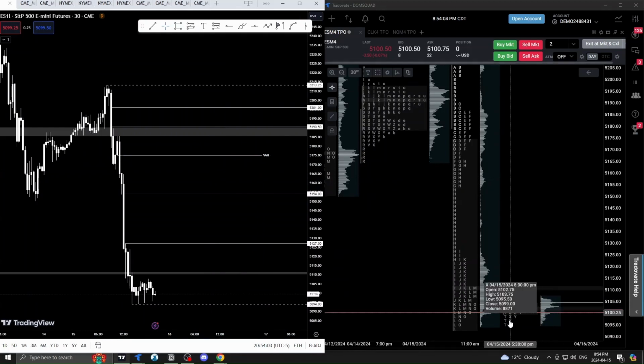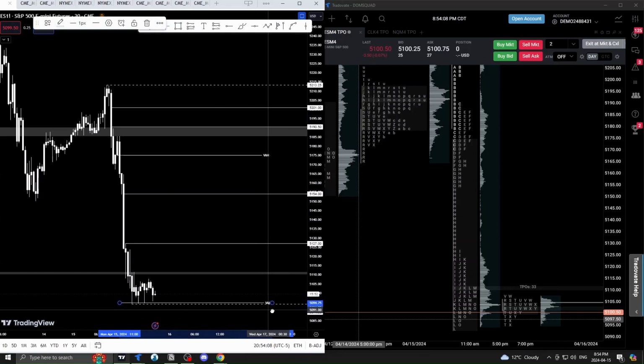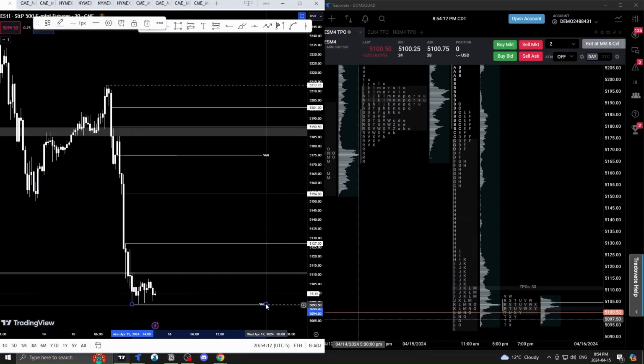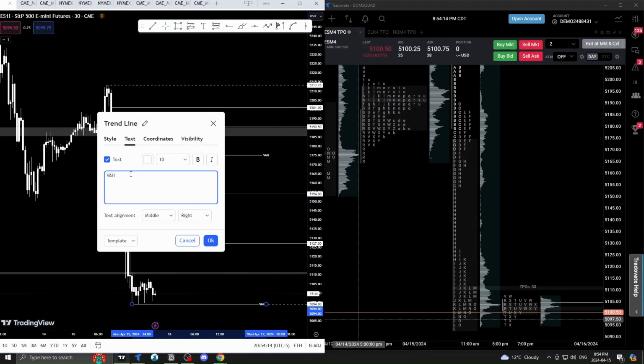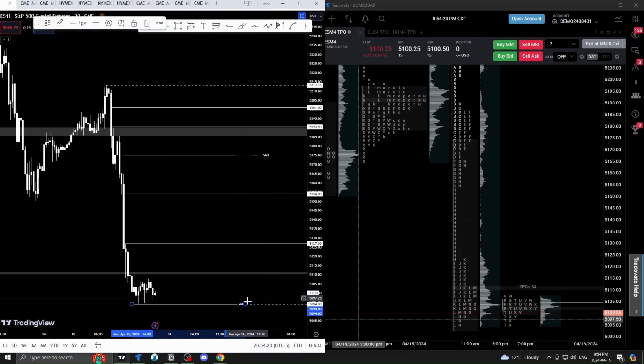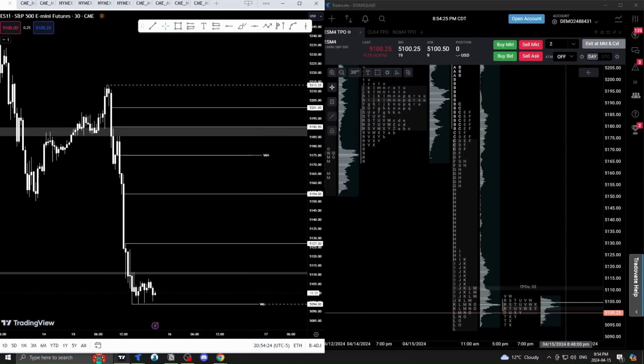And I'm also going to take note of the value area low, which is actually this low. So I'm just going to copy this here. Alright, I like that.